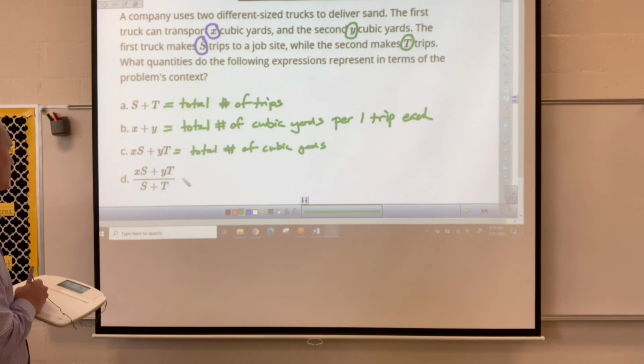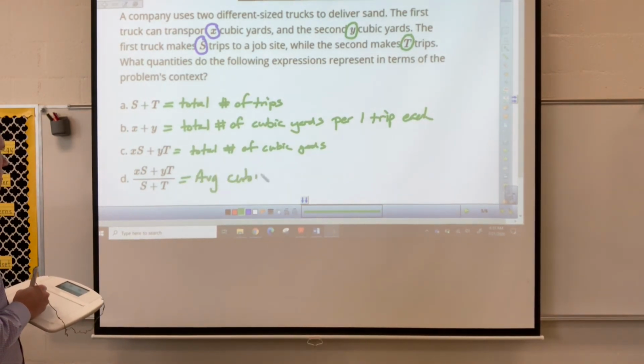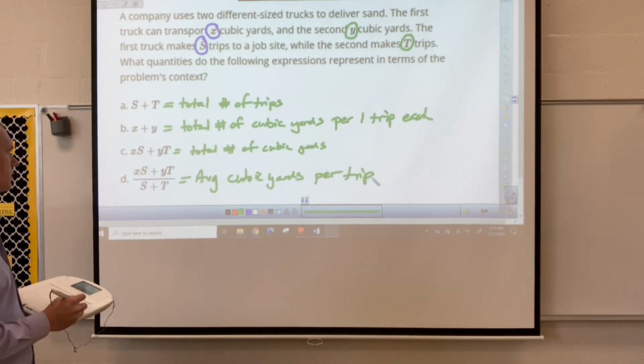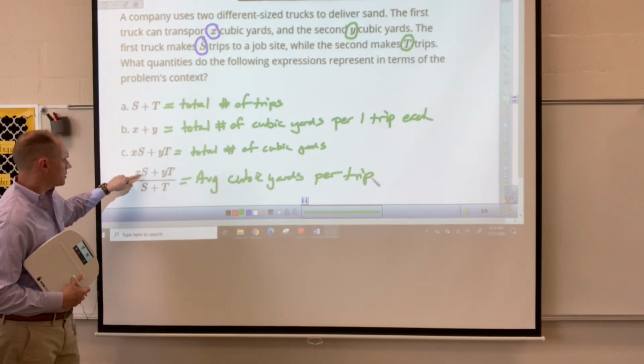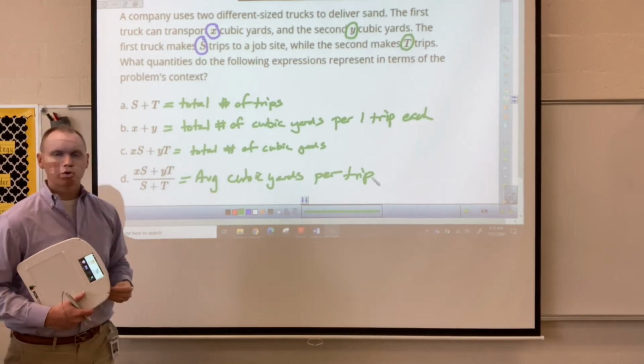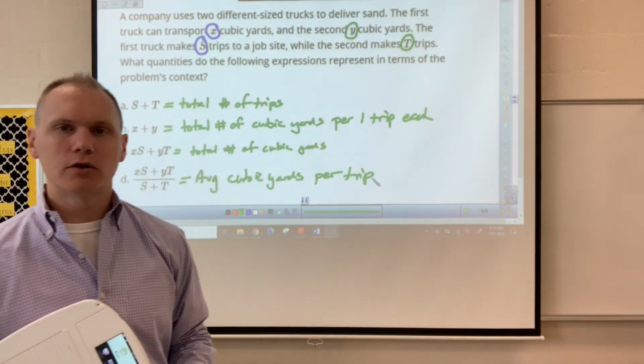So this is going to be the average cubic yards per trip, right? So total number of cubic yards divided by total number of trips. And we should get the average cubic yards per trip.